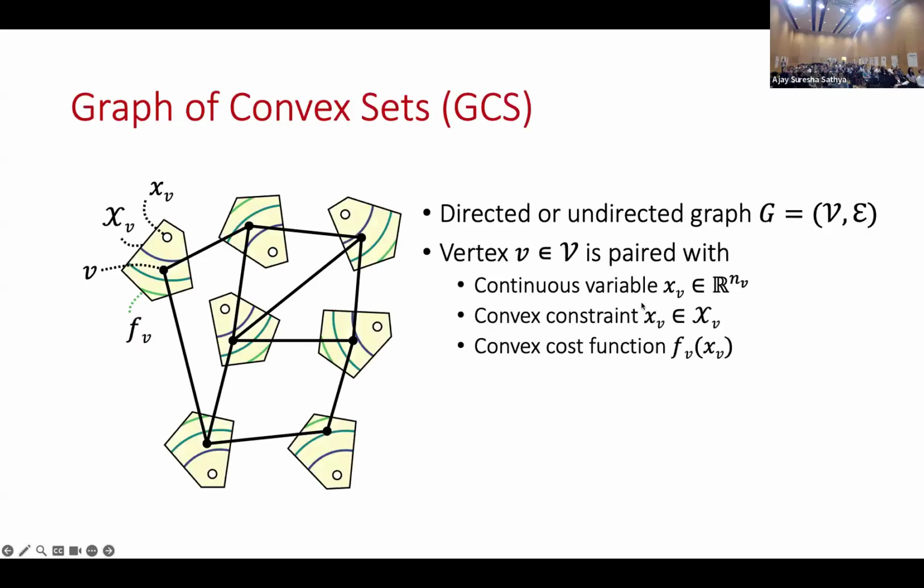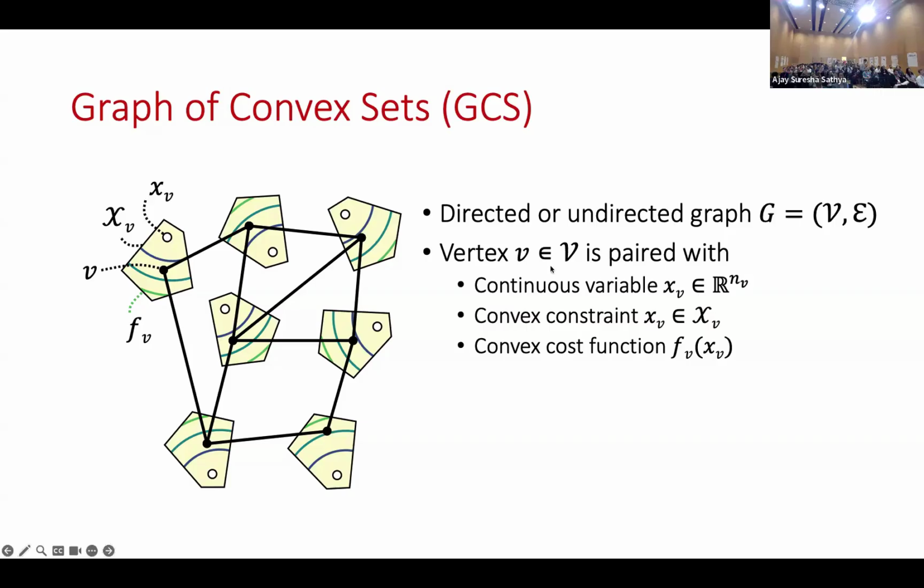A GCS is a generalization of a weighted graph where the weights or costs associated with the vertices and edges are not scalar anymore, but depend on the underlying continuous variables that are paired with the vertices on the graph.